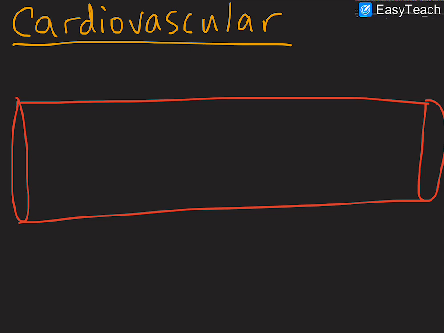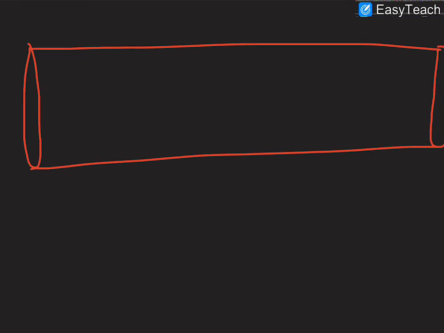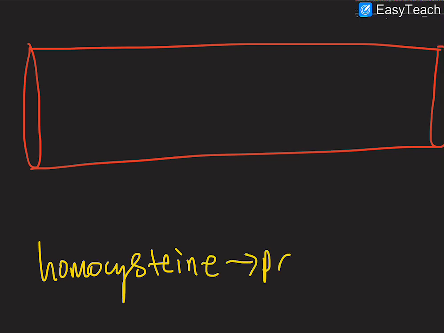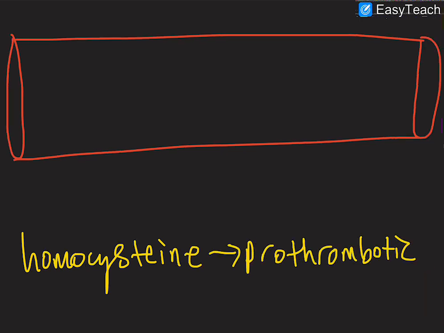So the first thing we should discuss is the cardiovascular effects of homocysteine buildup. We know homocysteine is prothrombotic. Why is it prothrombotic? Because it damages your endothelial lining.